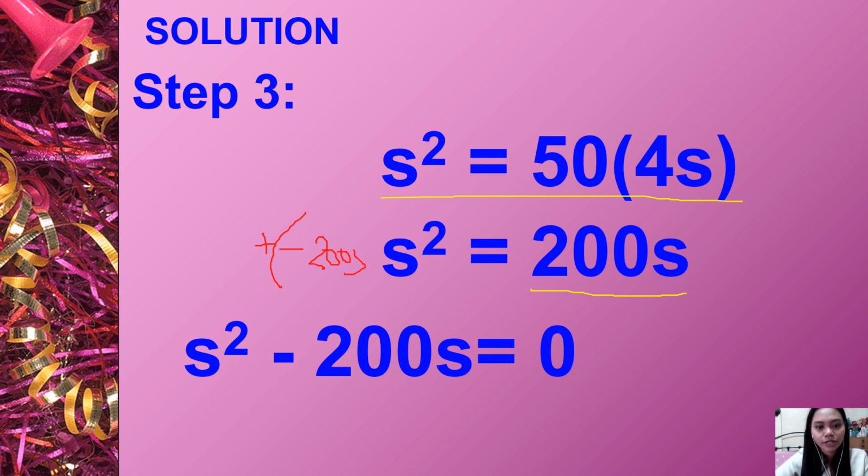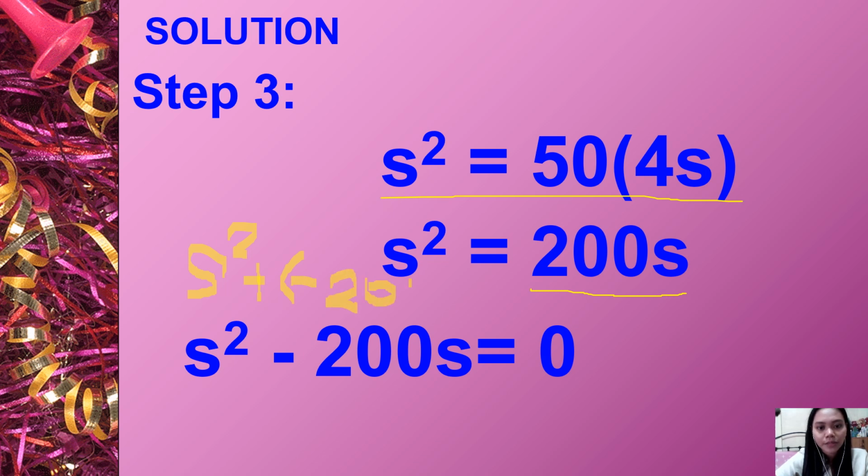Okay, ulitin natin. Ayusin natin. Sulat natin dito sa baba. So, s squared. Magdadagdag tayo ng negative 200s.